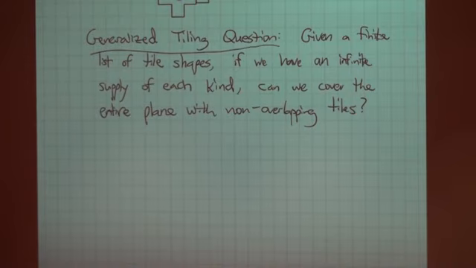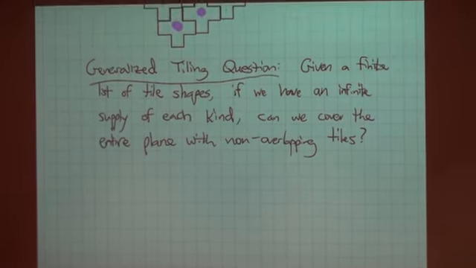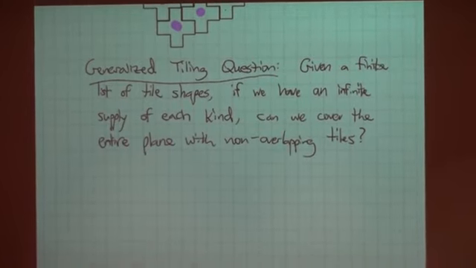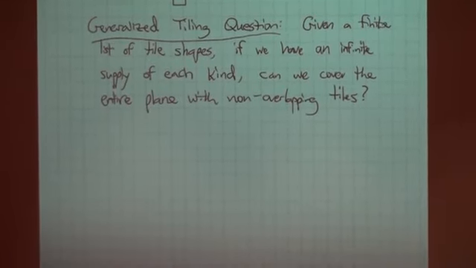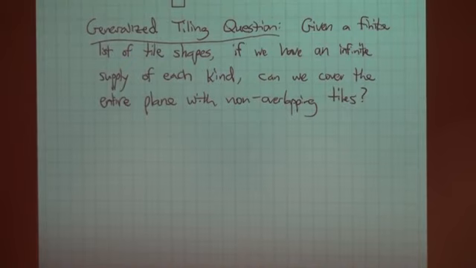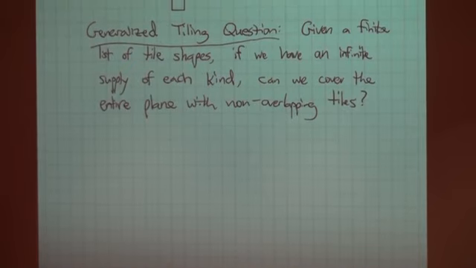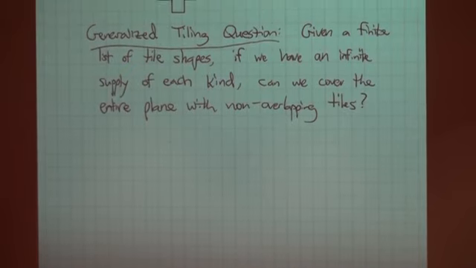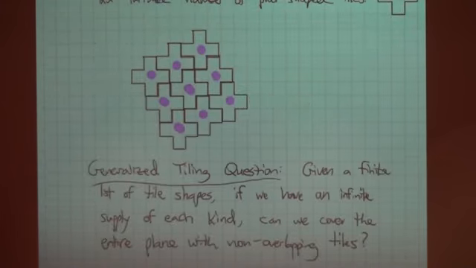This question, unlike the previous ones, has the peculiar property that if the answer is yes, there might be no way for me to convince you that the answer is yes, because it's not possible for me to show you an infinite tiling using a finite amount of information. I sort of cheated in this case.